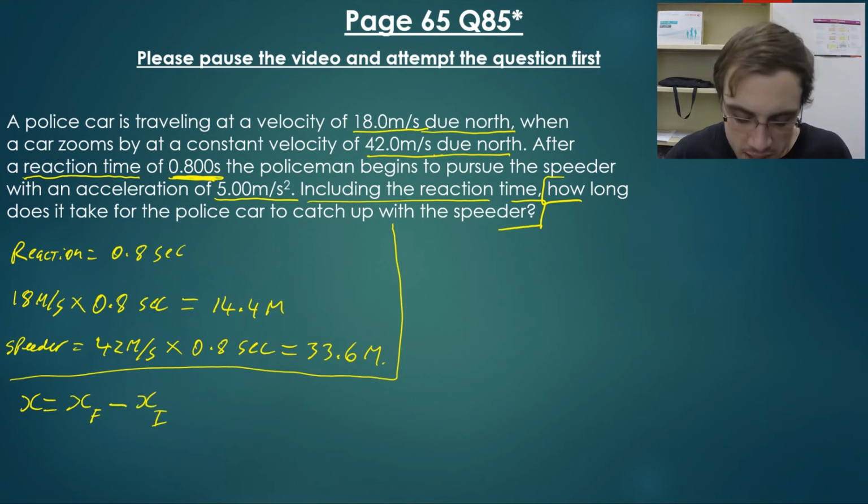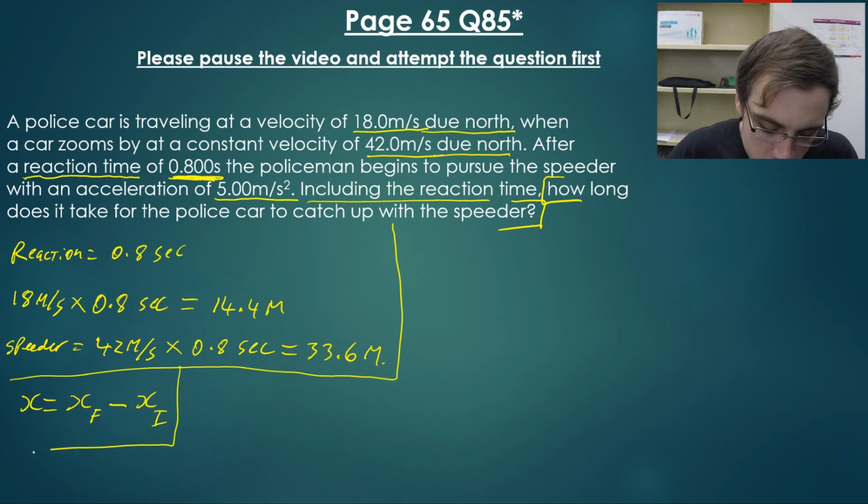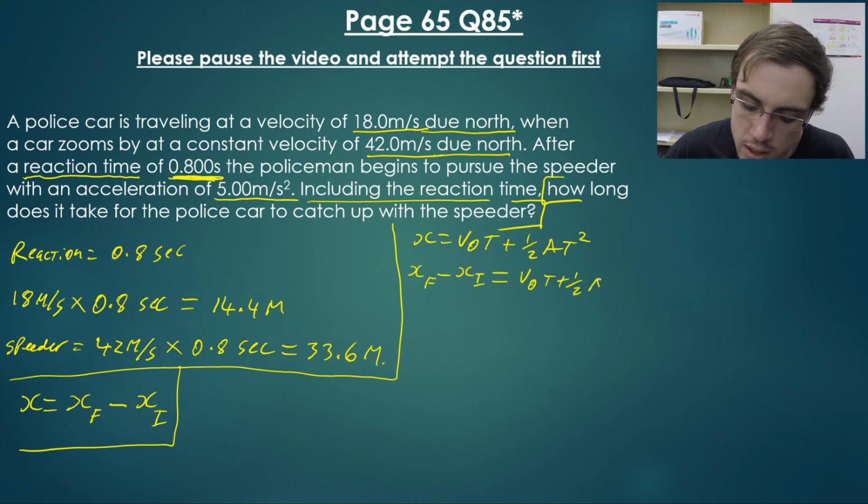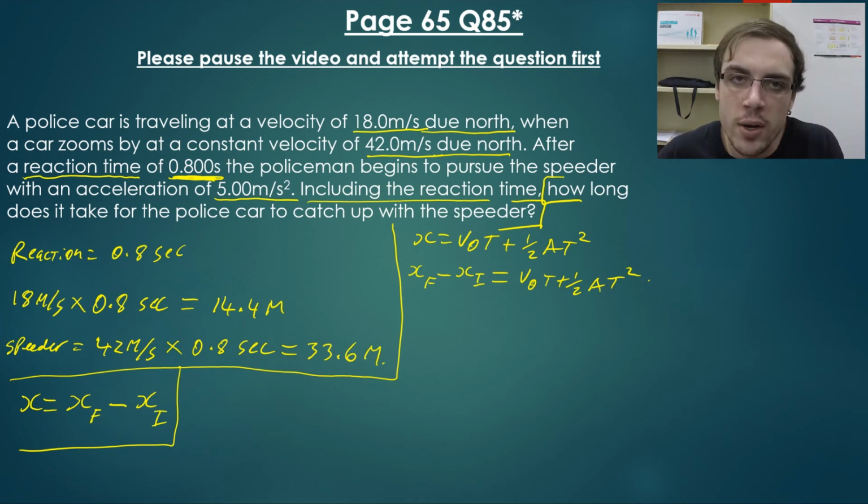We need to keep that in mind. Another way this can be written is x final minus x initial is going to equal, but because in this question we need to find the final distance, so how far did they travel?